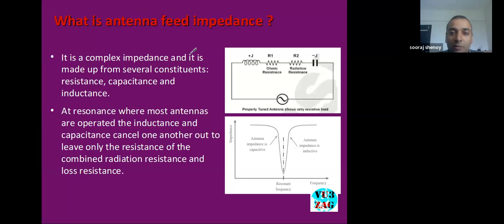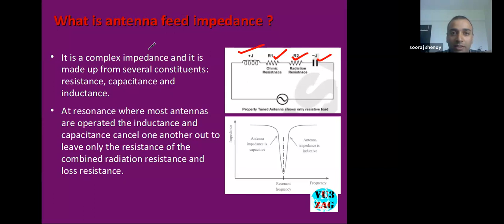But when an AC signal or an RF signal arrives at the feeder point, it sees this particular antenna. So it sees an inductive reactance, a capacitive reactance, an ohmic resistance, and a radiation resistance. These are the different elements that an RF signal sees when it reaches the feeder point of an antenna.